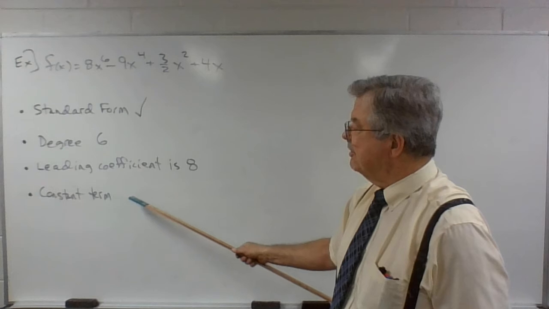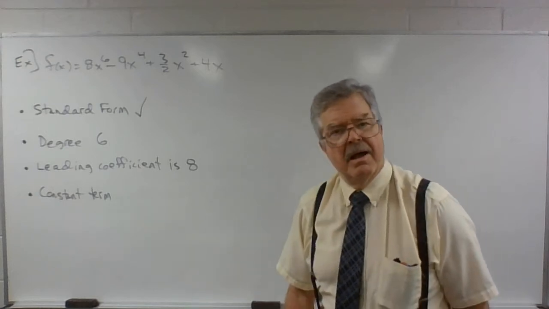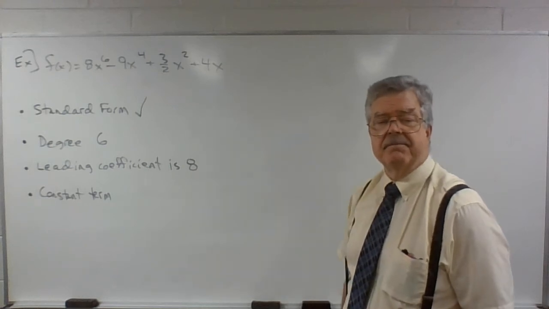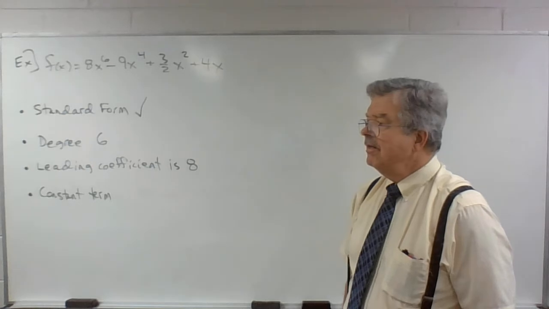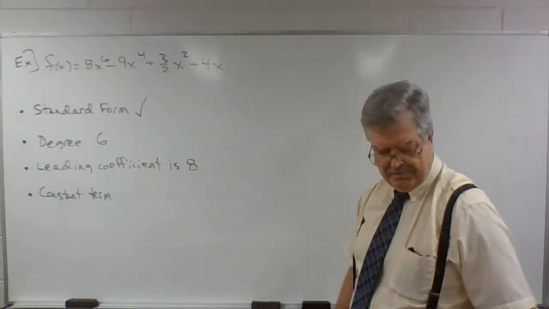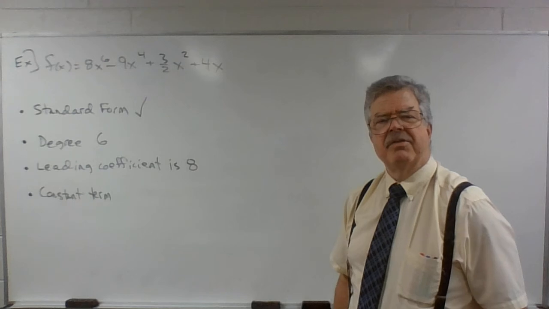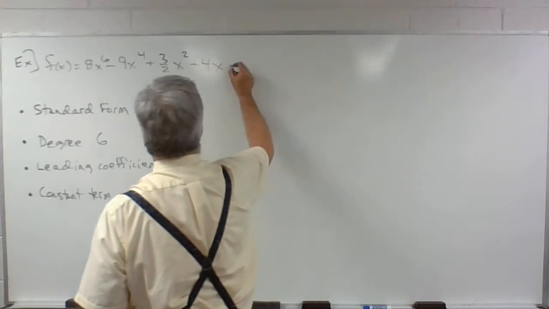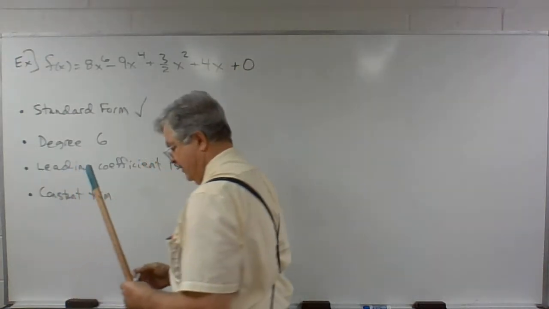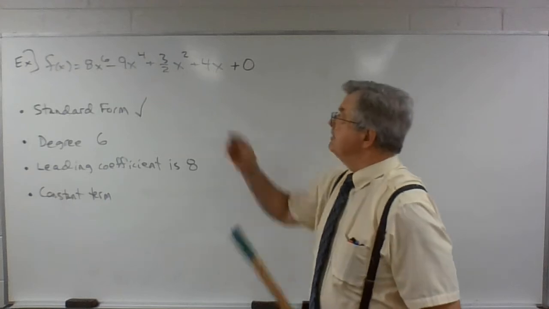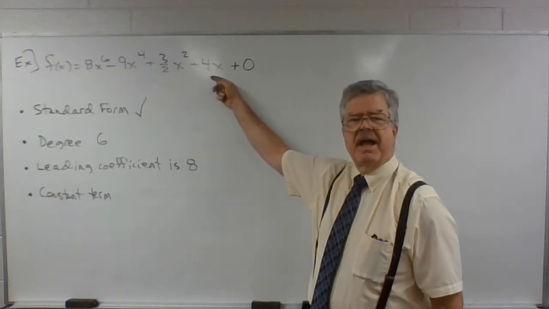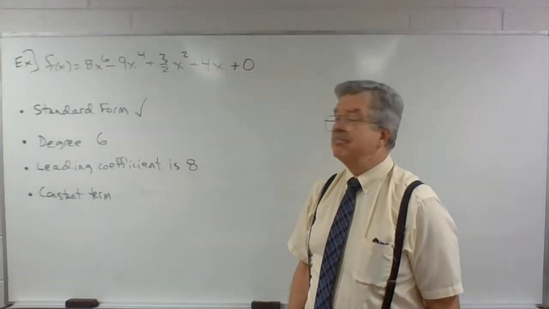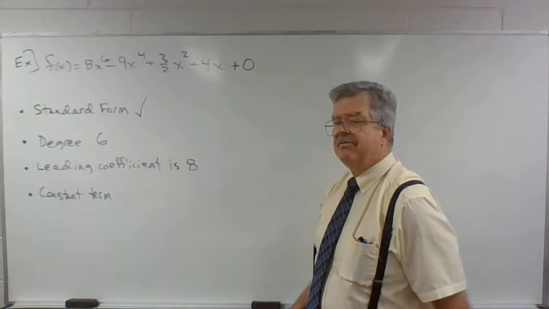And the constant term is, there's the problem. We don't see a constant here, do we? There is no constant term. Or maybe there is, but we just don't show it, because that constant term is 0. Did I just change this polynomial at all by adding 0? No. We can add 0 to any real number expression, and we don't change its value.